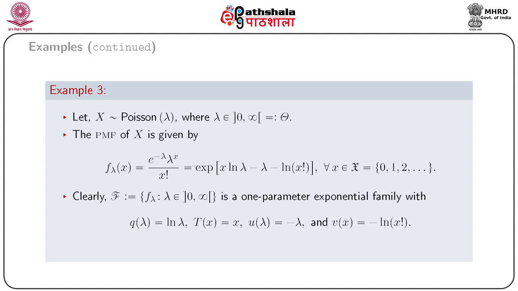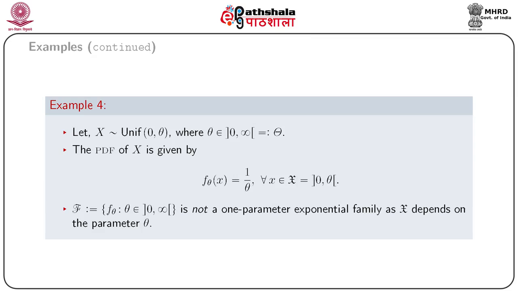If we set q(lambda) equals log lambda, T(x) equals x, u(lambda) equals minus lambda, and v(x) equals minus log x factorial, then f(x) belongs to the one parameter exponential family.